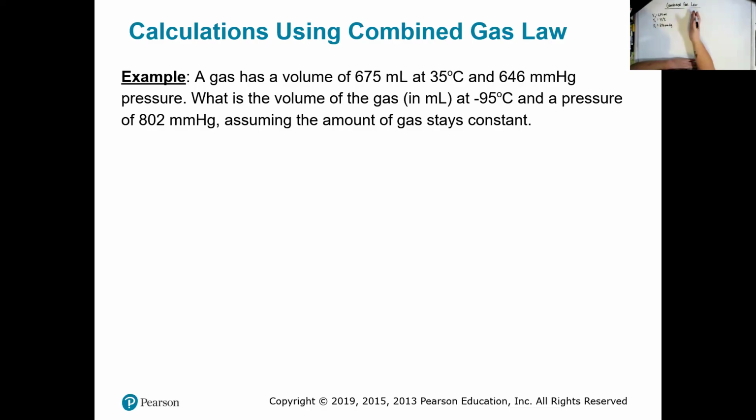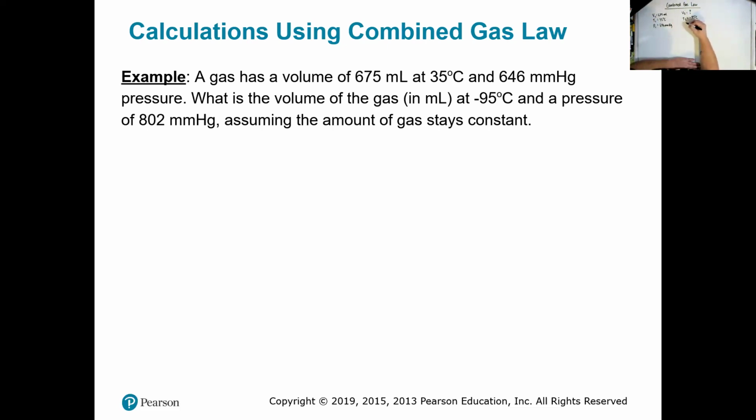So now in this second scenario, we're going to change something about our first set of conditions. So they're saying, what would the volume of the gas be? So it's unknown at negative 95 degrees Celsius. So now I've changed my temperature from 35 degrees Celsius down to negative 95 degrees Celsius.